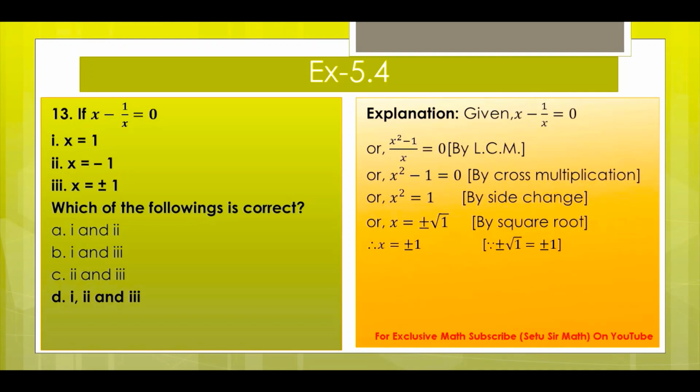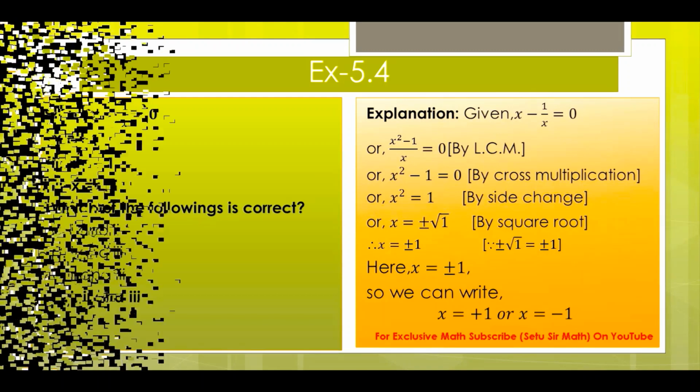Therefore, x equals to plus minus 1, because if we take the square root of 1, we will get 1 every time. So here x equals to plus minus 1. Normally you can see, we can write x equals to plus 1 or x equals to minus 1.